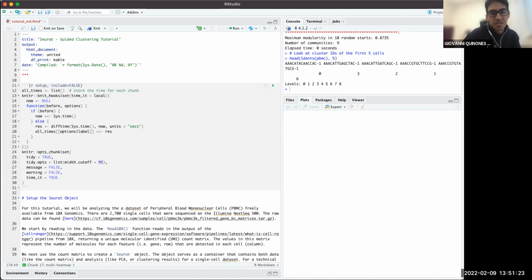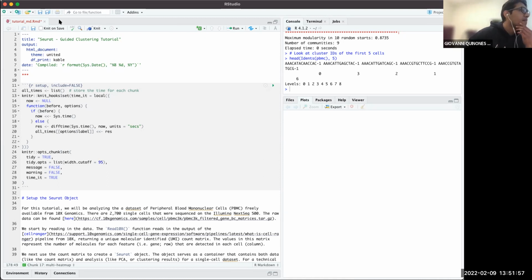There's another question saying, I only see HG19. This is the reference. Where do you see HG19? You can rewrite your question in the chat, please, so we can address that.